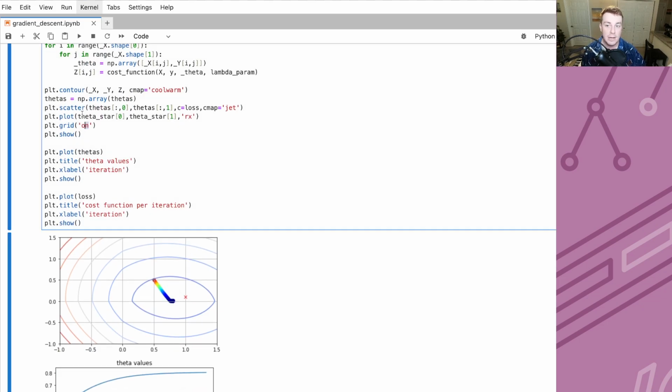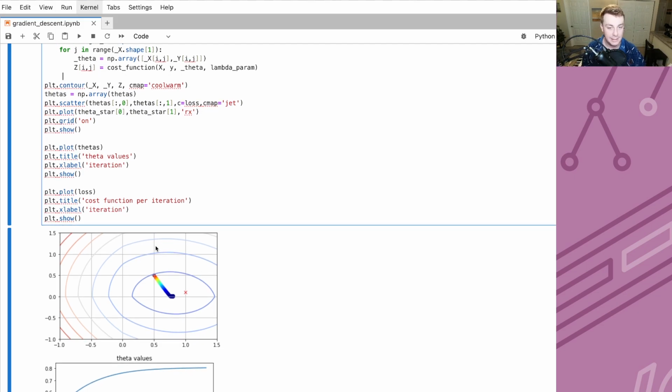What this code up here is plotting, whoops, sorry, that highlighted exactly what I didn't want to highlight. This first thing up here is plotting our contour plot, these level sets of our objective function. So this is showing a top-down view of the bowl. Note that it looks like least squares, but it has these weird sharp corners along certain axes.